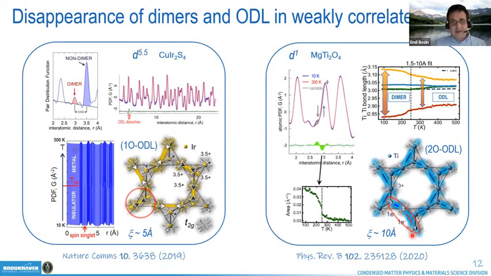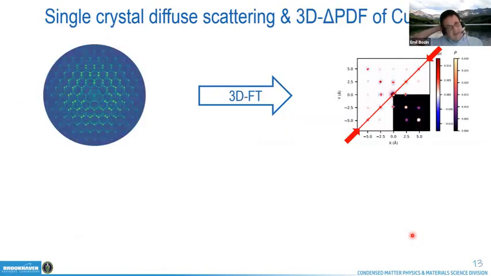So for one of those systems, we studied local structure using the three-dimensional differential PDF method, in which you collect maps of intensities over a broad range of reciprocal space.